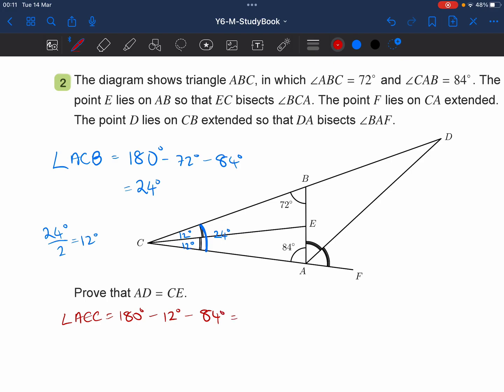That gives us AEC equal to 180 minus 96, which is equal to 84 degrees. What that shows us is that this triangle, ACE, is an isosceles triangle, and therefore AC must be equal to CE. We knew that because it had two identical angles, 84 degrees. These make the base angles of our isosceles triangle. So that has shown us that AC is equal to CE.